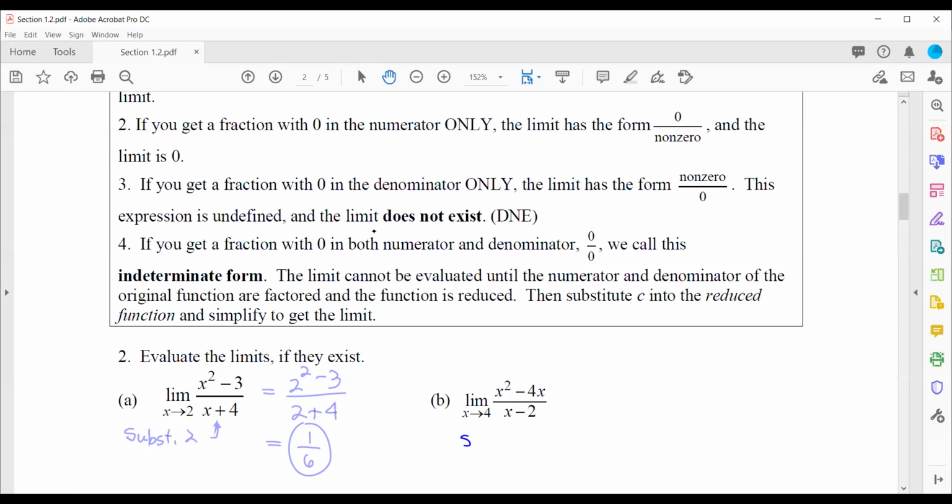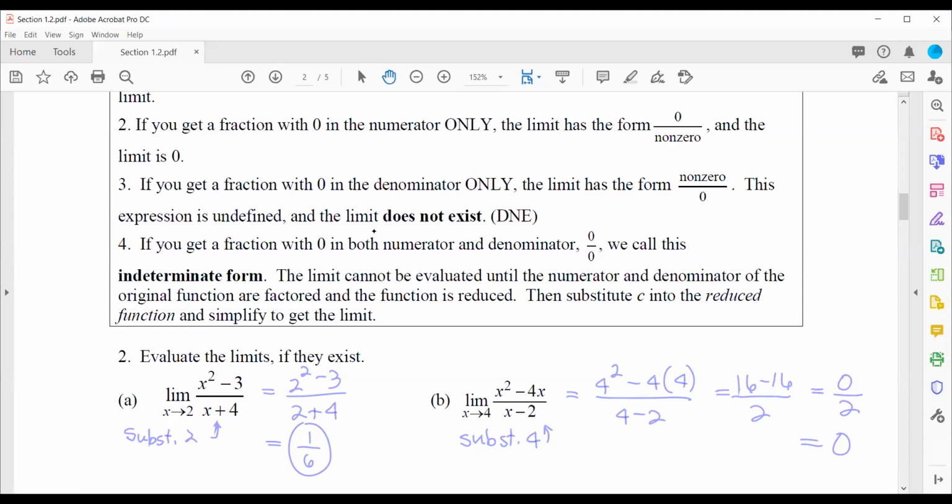Let's just hop over to the next one. We'll go ahead and substitute 4 and see what happens. So 4 squared minus 4 times 4 divided by 4 minus 2. Well, that's 16 minus 16 divided by 2. That's 0 divided by 2.